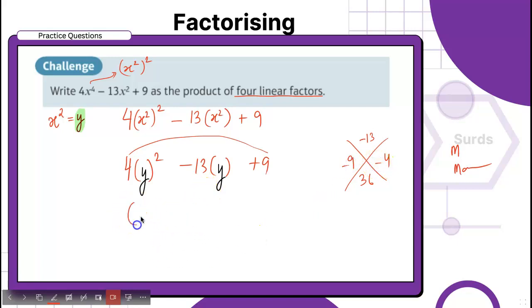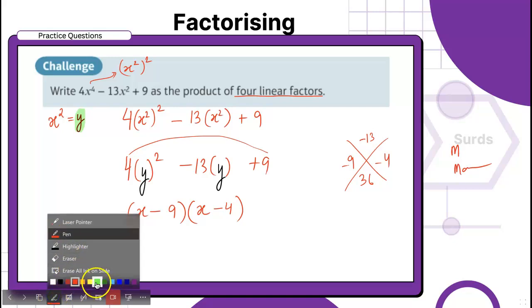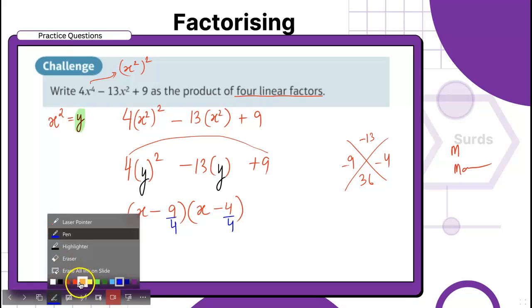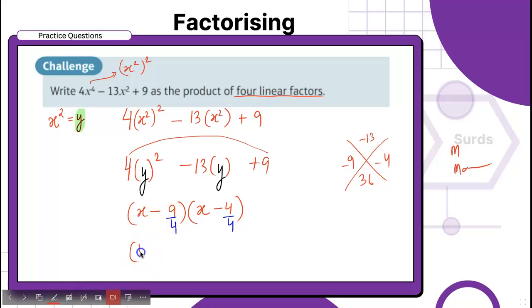So it would be y minus 9 and y minus 4. Correct? But we have the coefficient 4. So we are going to be dividing it by 4 and 4. So overall, the final answer will be 4y minus 9, because we can't simplify this, but we can simplify that, which will give us y minus 1.